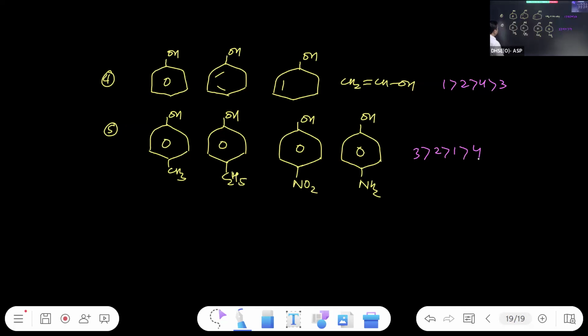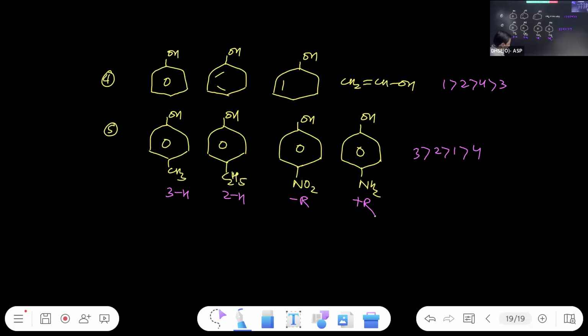Next, here it has 3 hyperconjugated hydrogens, 2 hyperconjugated hydrogens. This is minus R effect, this is plus R effect. I think no need to explain further. The more the number of hyperconjugated hydrogens, the lesser is the acidic strength of the phenol. Okay, so this is the answer.